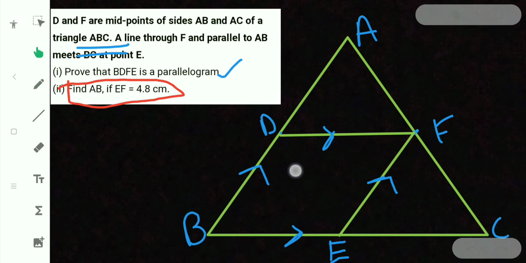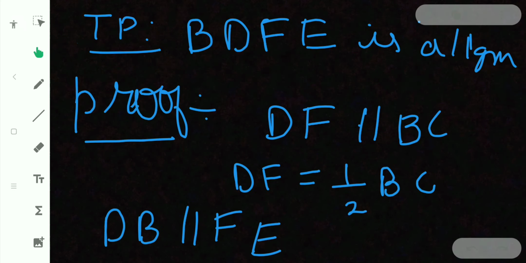You know D is a midpoint, so BD will be equal to AD, which whole will be equal to half of AB. So BD will be equal to AD because D is the midpoint.